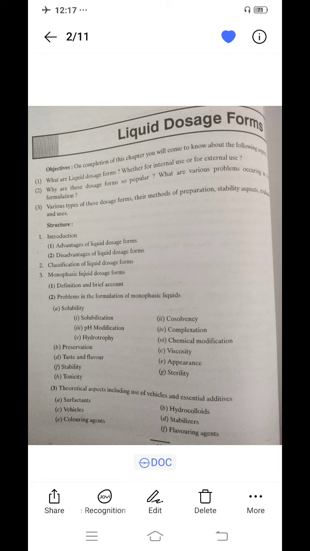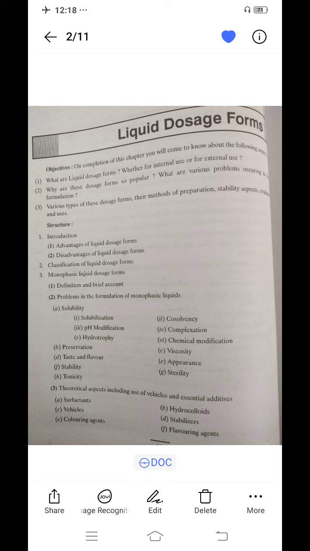This is for the purpose of improving the pourability, acceptability, and up to an extent, what is also called palatability. Many viscosity controlling agents have been used for this purpose. First one is polyvinyl pyrrolidone, cellulosic derivatives, methyl cellulose, sodium carboxymethyl cellulose, etc.